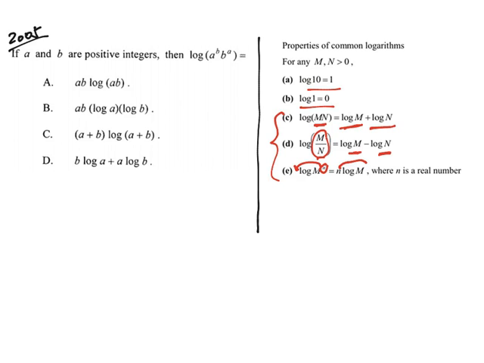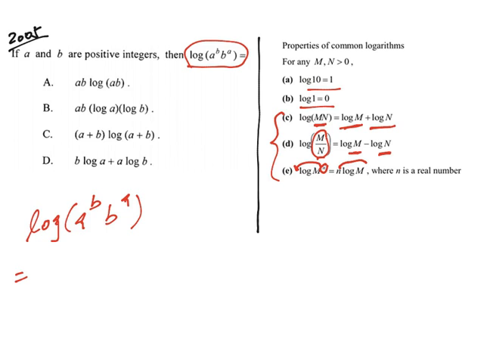Now try to do the public exam question 2005. Okay, let's check it. For this question, we have log of a to the power b times b to the power a. We need to simplify. First, we know it is times.